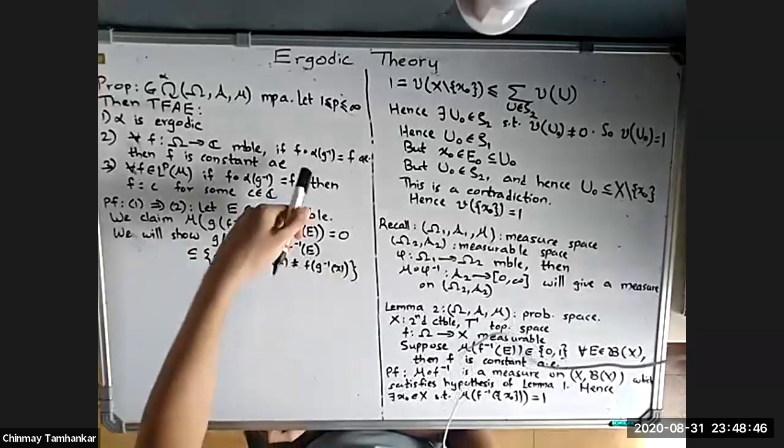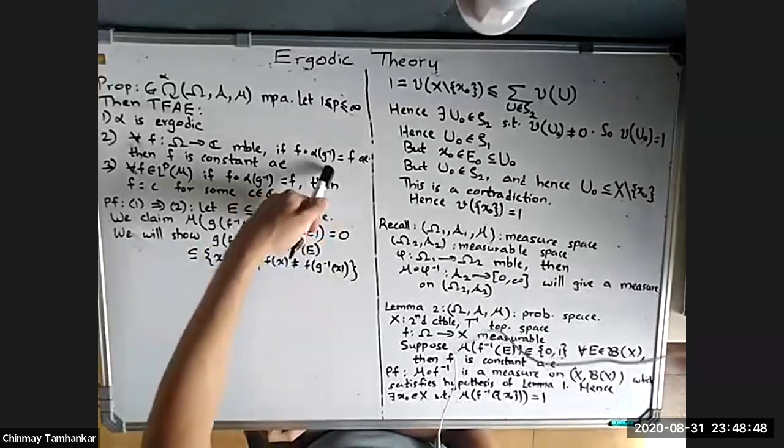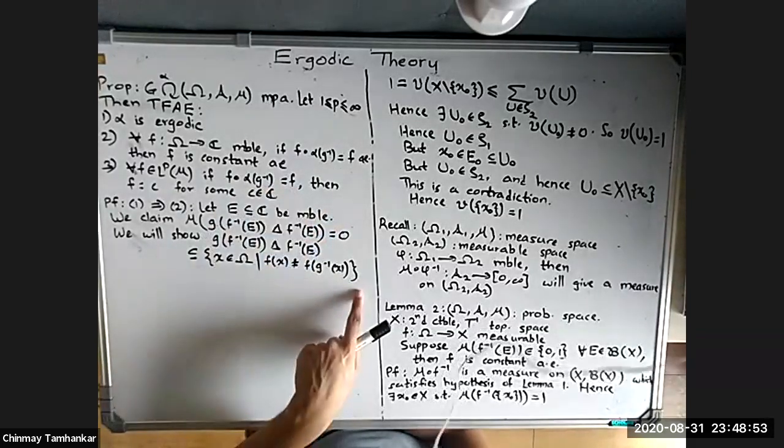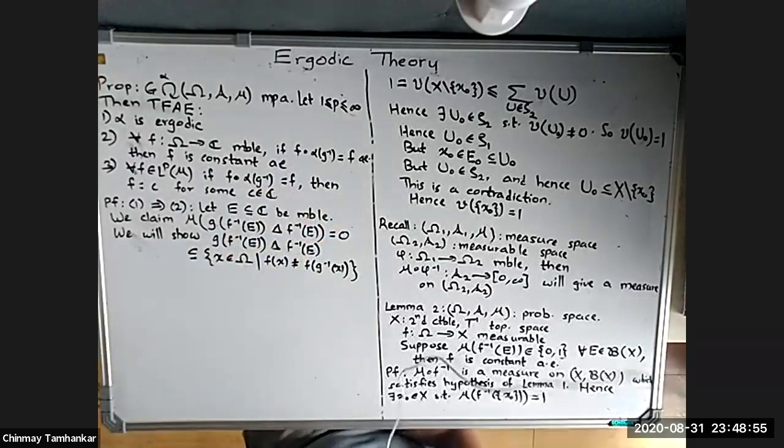And since f is equal to alpha composed f composed alpha g inverse almost everywhere, this set will have measure 0, and so this set will also have measure 0.